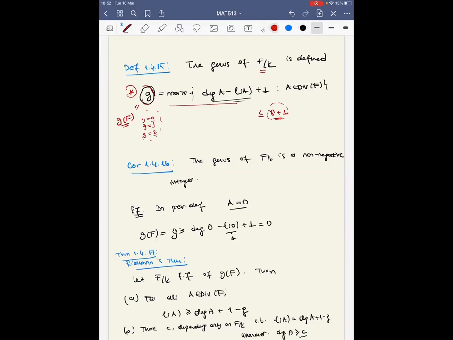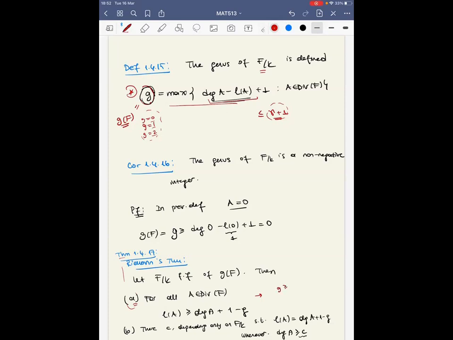Next week, we will begin with the statement of this theorem, but for the moment, just let me finalize this lecture with an observation. For statement A, we can actually provide this inequality by using the definition of the genus, because genus is defined as the maximum of this number over all divisors.